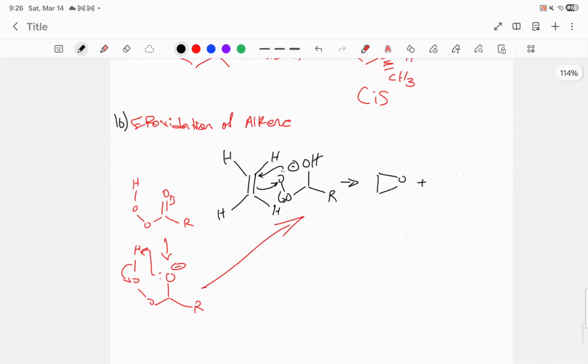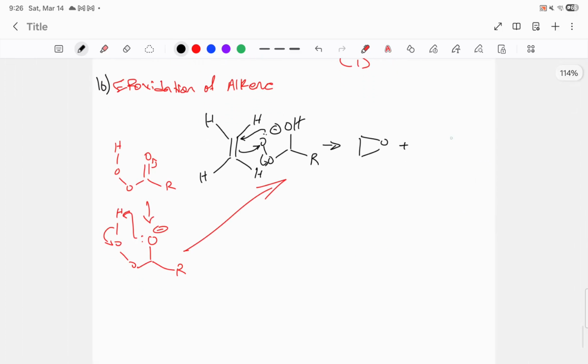And thus, the product that I end up getting is the epoxide and this O minus with the OH and the R. Okay, and just to bring down the electrons and give us the nice resonance form, I will get O double bonded to OH R, right?